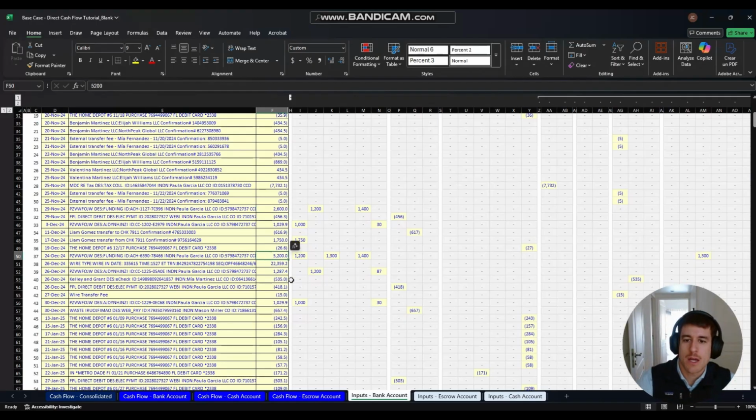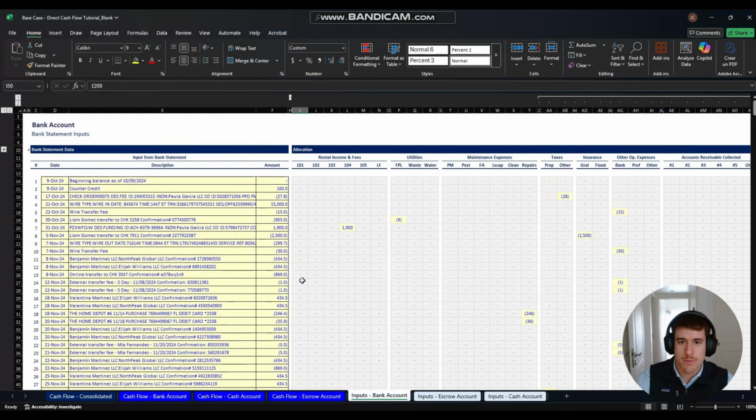Take a look, for instance, at line 37 or line 50, where we cashed in $5,200. If we had only a single label, let's say rental income from unit 101, 102, 103, we would be forced to make an adjustment or to add separate lines to split this amount, because this amount corresponds actually to three different rental units, right?